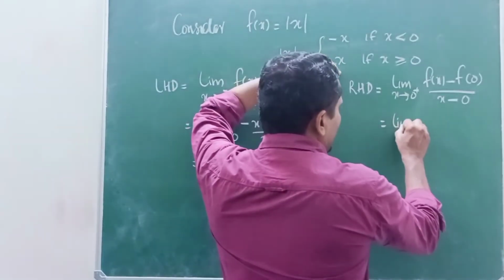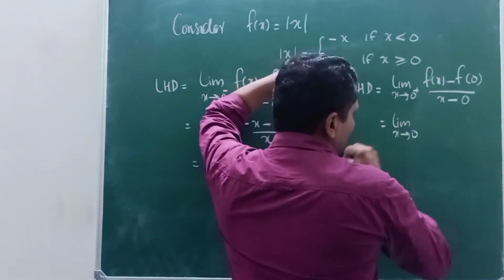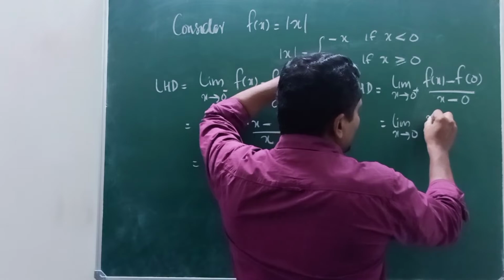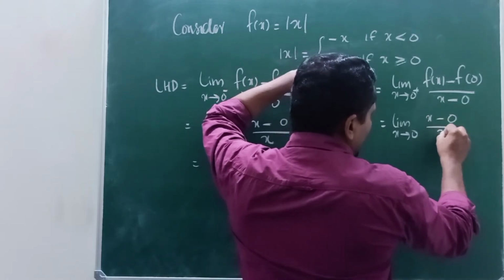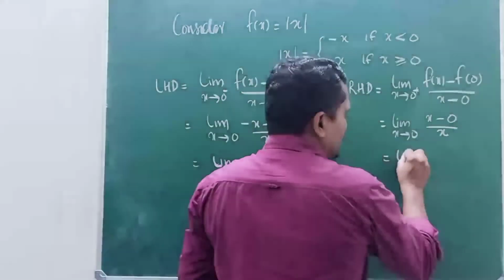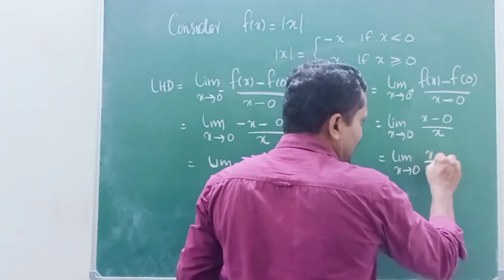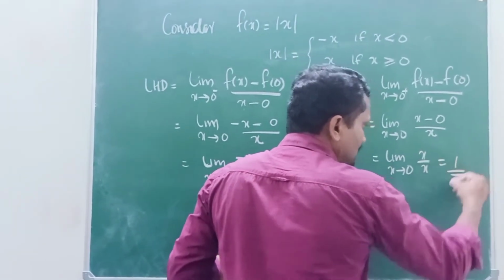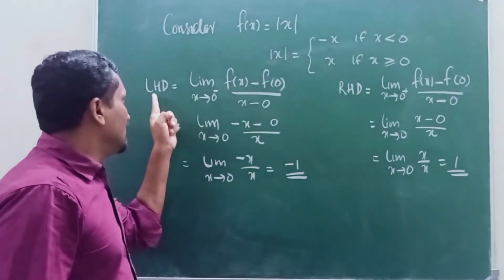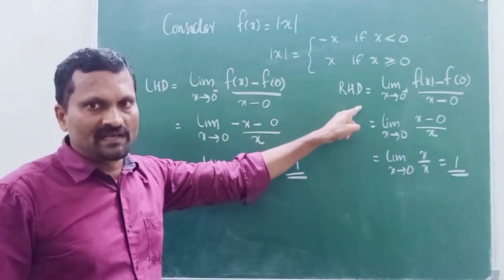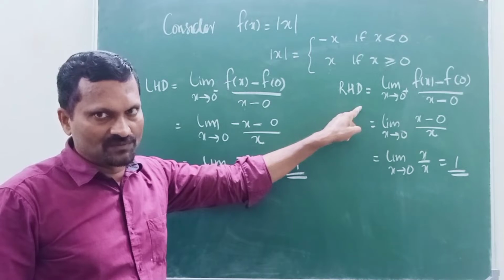So this can be written as limit x tends to 0, (x minus 0) divided by x, that is limit x tends to 0, x by x, that's equal to 1. Here left hand derivative is not equal to right hand derivative.